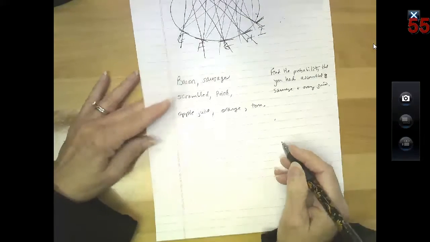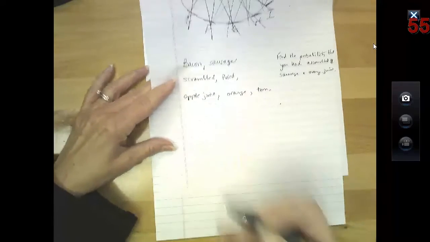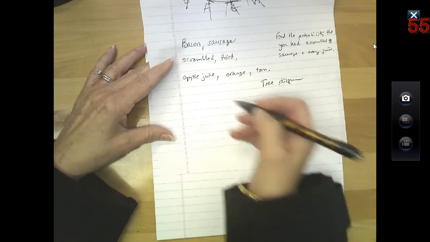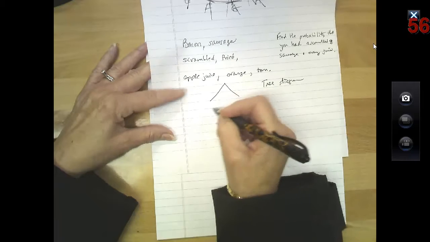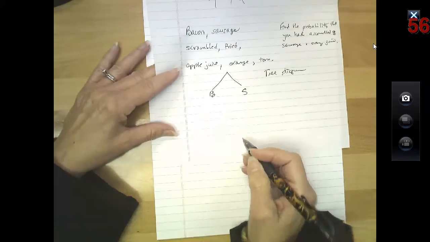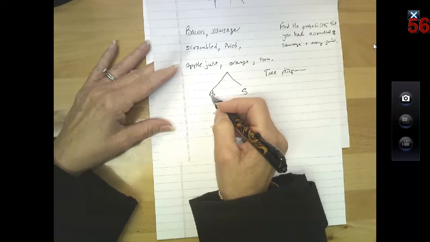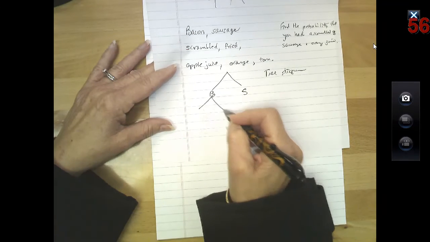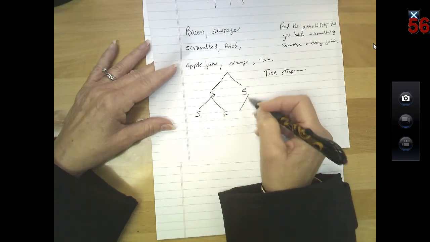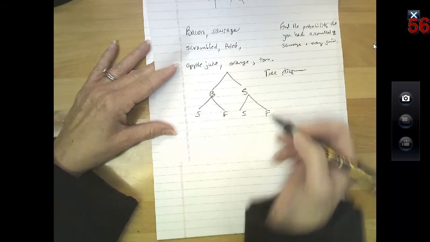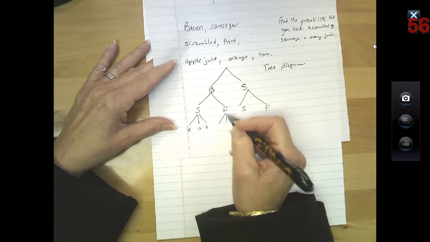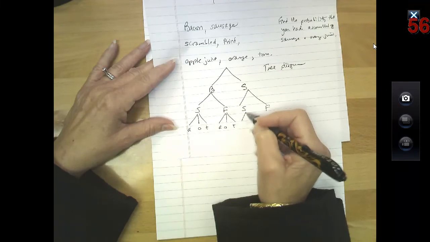Okay, so what we have to do is do a tree diagram. We divide it into bacon and sausage. Those are our meats. Then if you have bacon, you might have scrambled or fried eggs. If you had sausage, you might have scrambled or fried eggs. Then you might have apple, orange, and tomato. Apple, orange, and tomato. Apple, orange, and tomato.